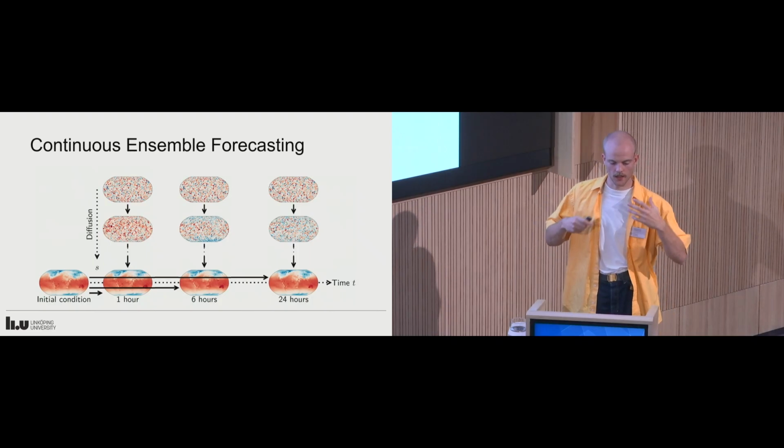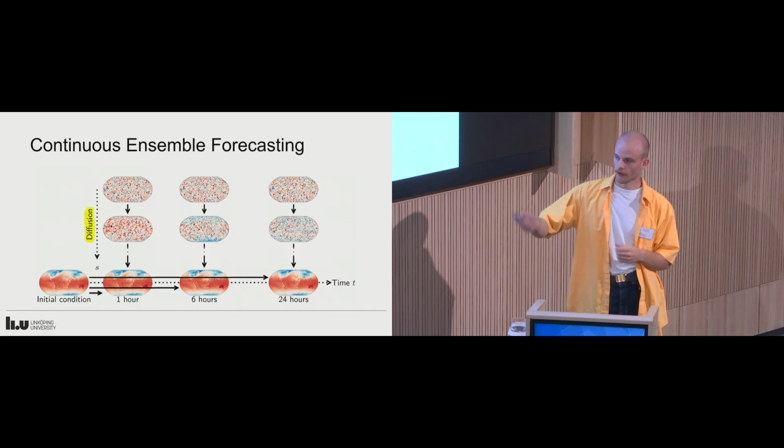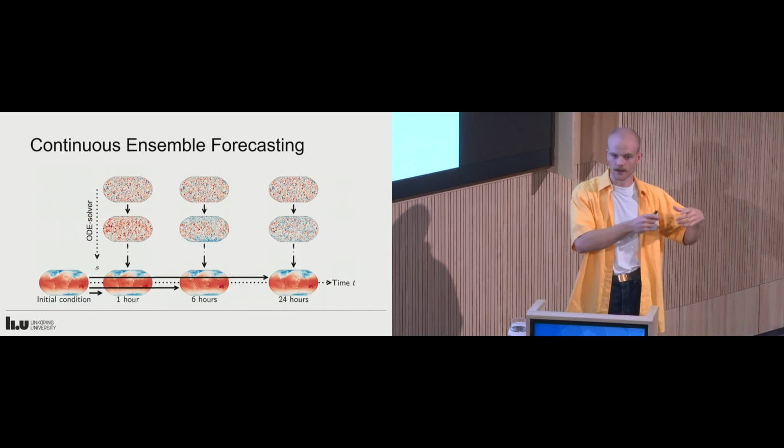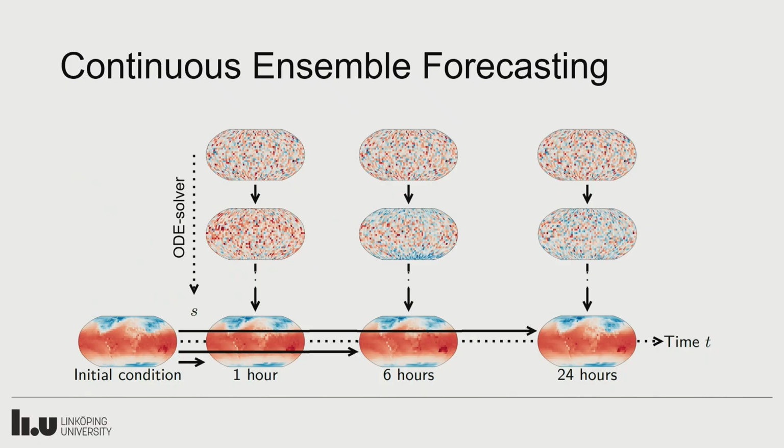To give you an idea of why this would be a good thing to do, we can focus on the diffusion here, which, as I said before, can be realized by just solving an invertible ODE, starting in the noise and ending in the forecast. So we have basically removed all the randomness in the model by fixing this noise.